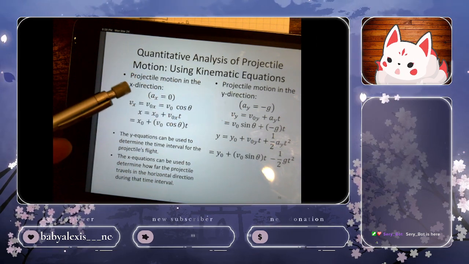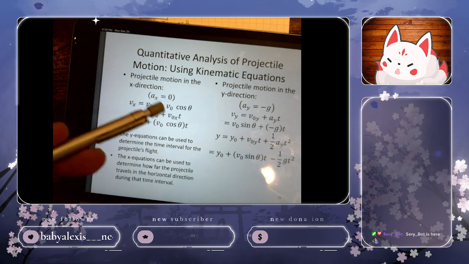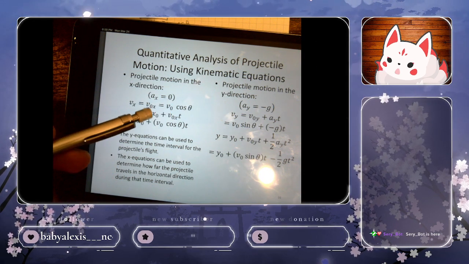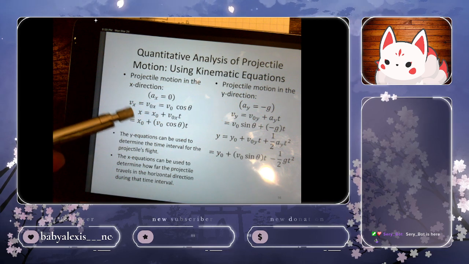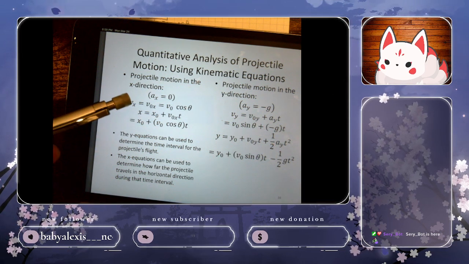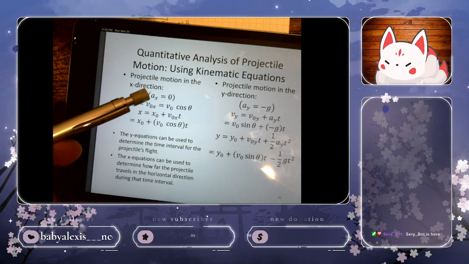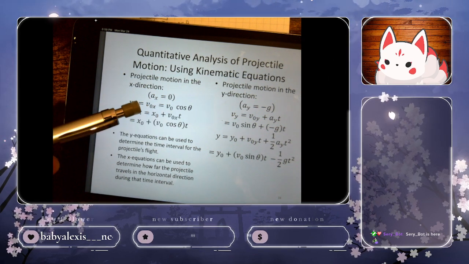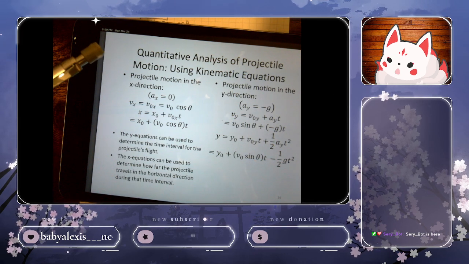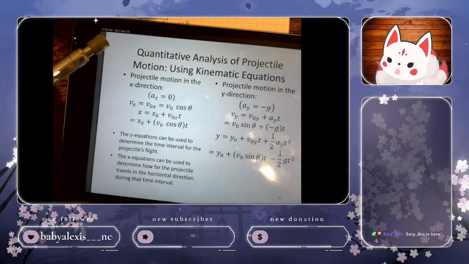Ax equals 0, and that's the equation for V0x. X equals x naught plus... this is just an equation for the position, how much distance it's traveled.